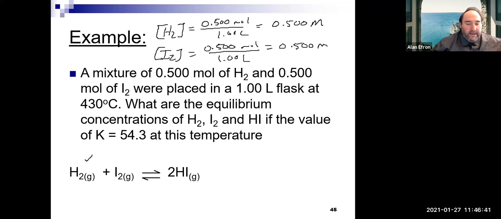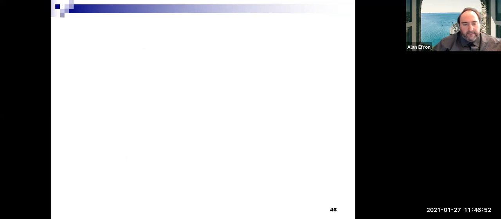So again, we do have the starting amounts of both of those, and we want to figure out what our equilibrium concentrations will be. So we will set up our ice table. Rewriting the equation, H2 plus I2 gives 2HI.